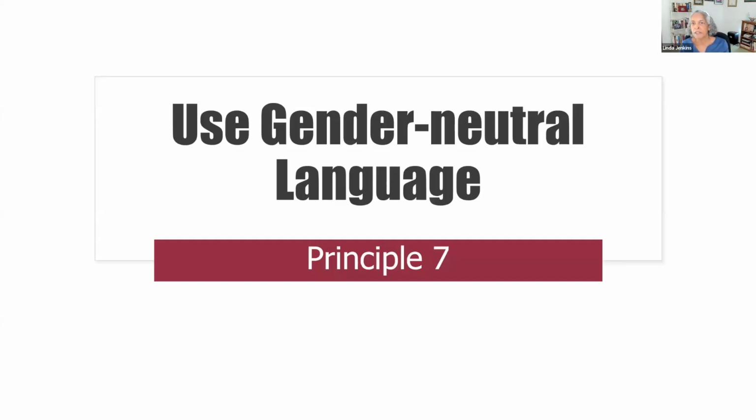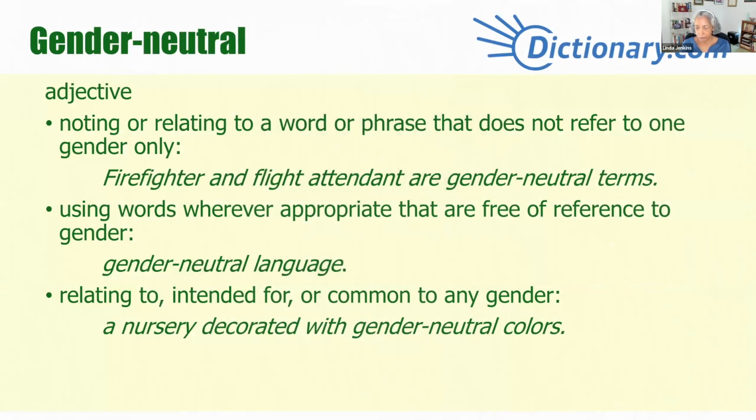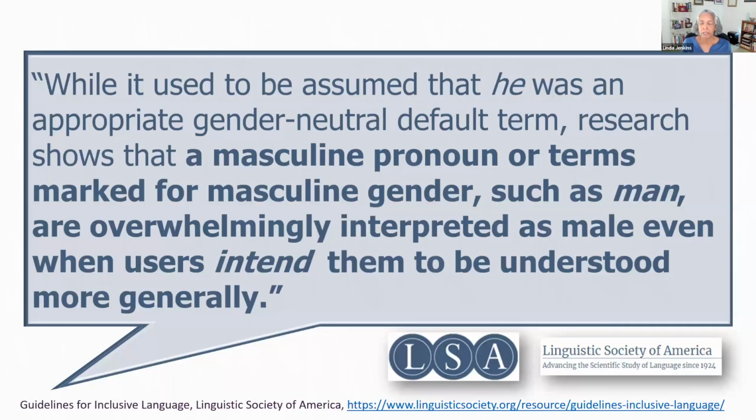And principle number 7 is the opportunity that we have to use gender neutral language. And just as a reminder of what the definition of gender neutral is, always sharing that first. And really want to emphasize the research around how we can assume that using he or masculine terminology is considered gender neutral.